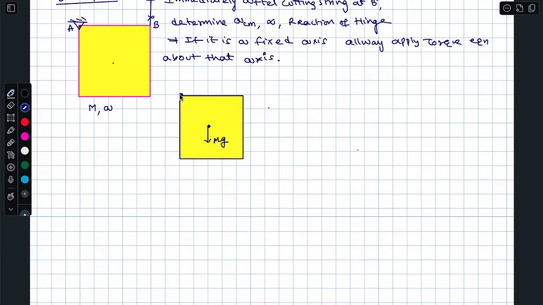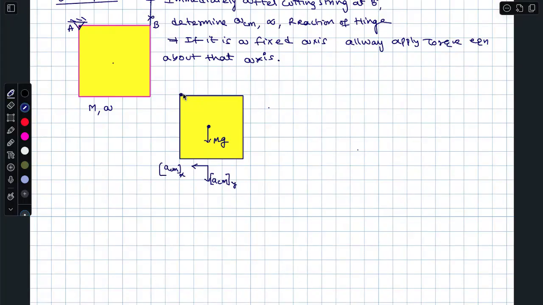The acceleration of center of mass is ACM, with components ACMY and ACMX.